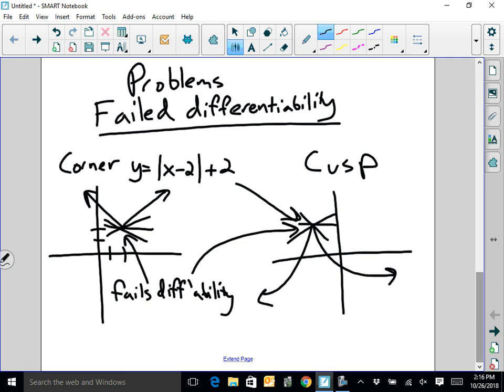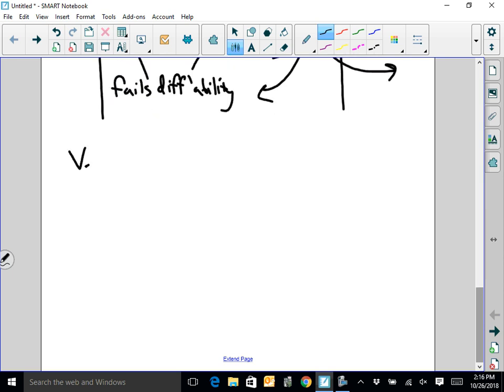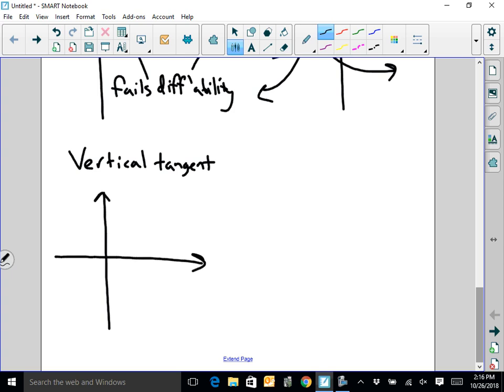The other thing that we can have is called a vertical tangent. Vertical tangents fail differentiability as well. Think of this as like a terrace point flipped on its side.